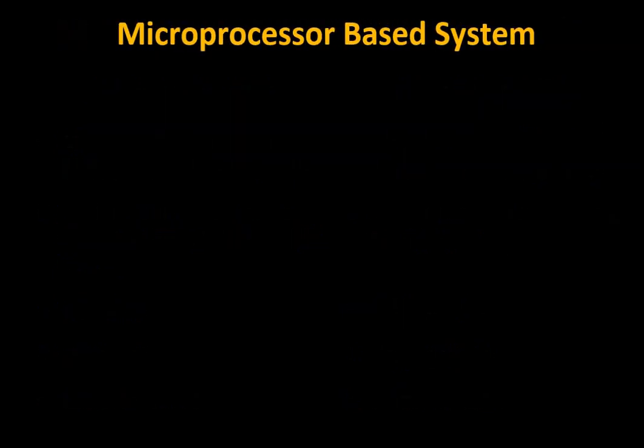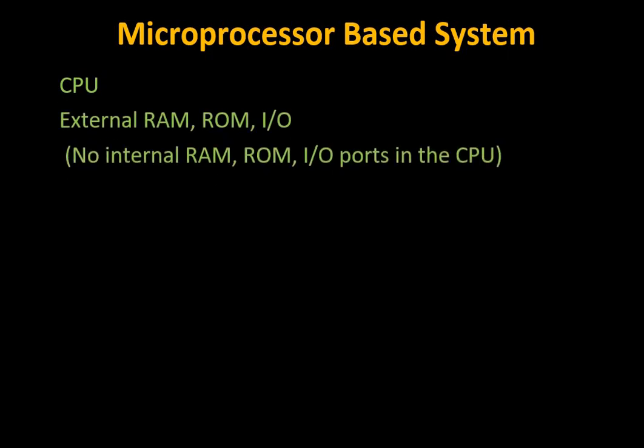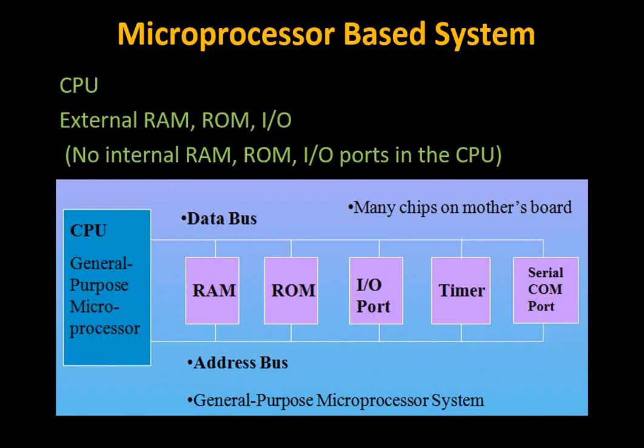Now we will see the microprocessor based system, correct? There is a CPU, as we discussed, with external RAM, ROM and input output devices, and no internal RAM, ROM and input output ports in the CPU. In this diagram we can see a CPU which contains a general purpose microprocessor, and there are many chips on the motherboard.